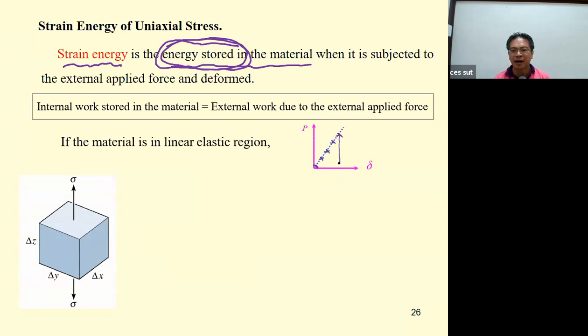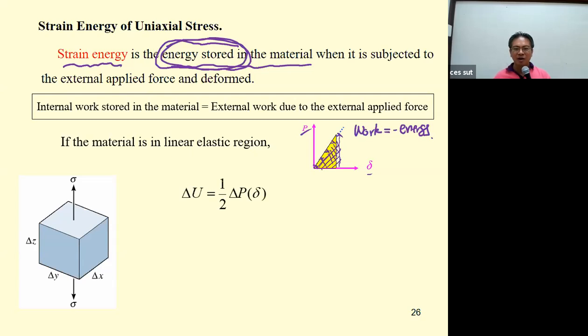And you know that the area under this load deformation is going to be the work, and the work is the opposite of the energy. Okay, when we pull the rubber band, you do the work, and the work is stored in the rubber band. That means the sign is just opposite.